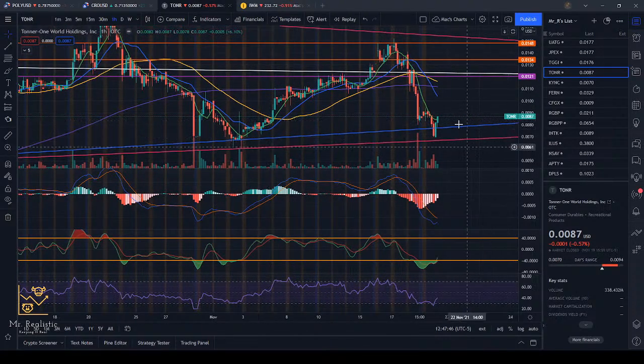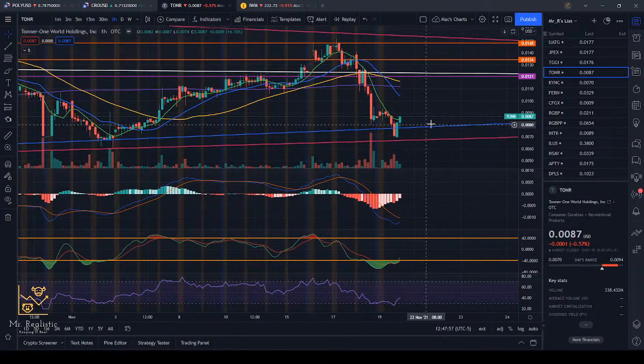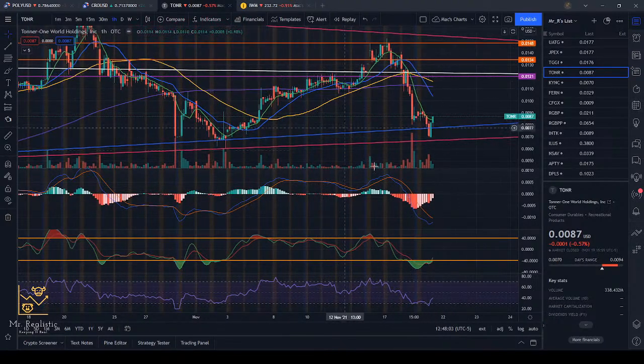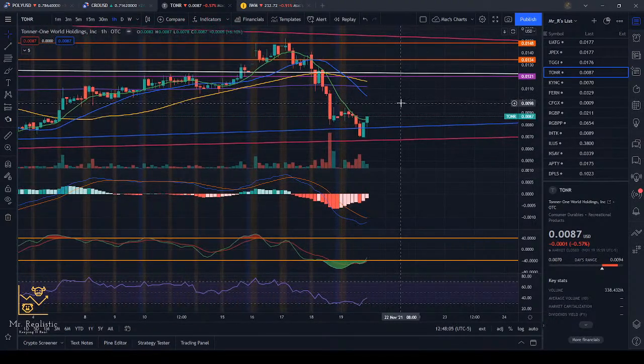But I firmly believe this is the start of the reversal. It could come down a little bit more, high 70s, I believe so. Wouldn't shock me. So we need to be patient on this and not expect a huge turnaround this week. As I've said, this has been a December play the whole time.